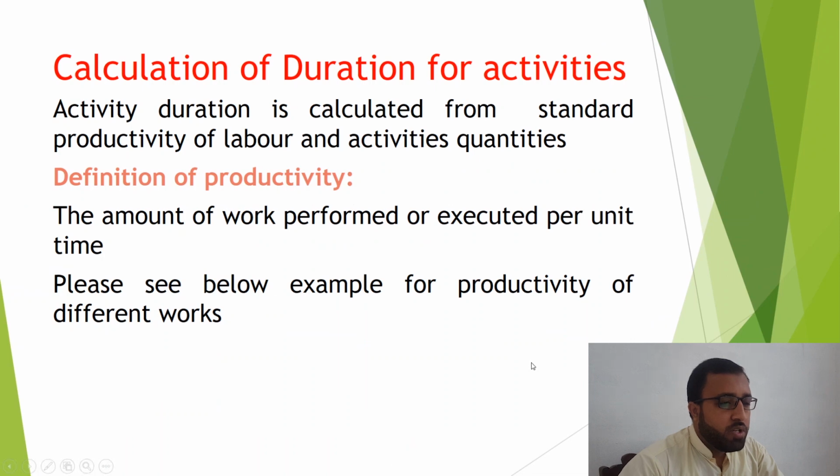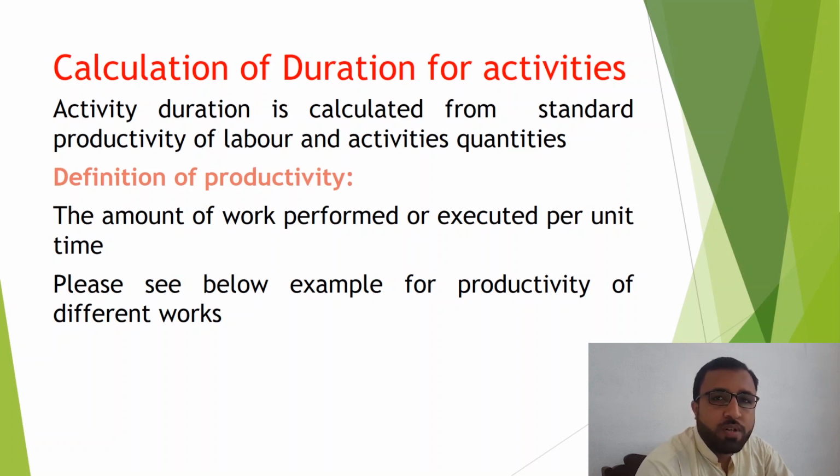Activity duration is calculated from standard productivity of labor and activity quantities. So what is productivity? The amount of work performed or executed per unit time. For example, we have marble installation.